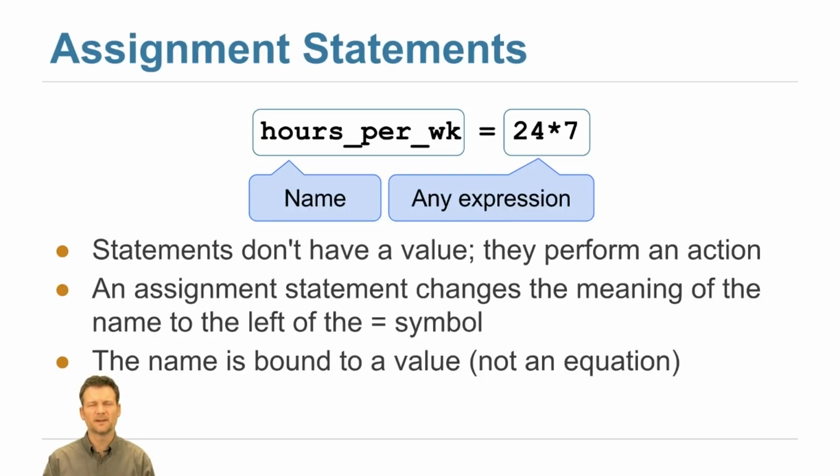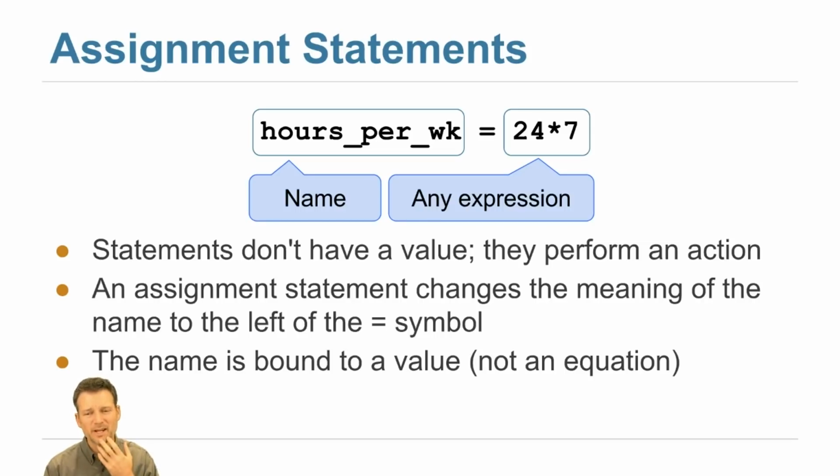One thing that a lot of people find a little bit confusing about this is that it might look like an equation. If you've taken some math, it might look like an equation, but don't think of it as an equation. It's not an equation. It's taking an action. After this action, the name hours per week is now bound to a particular number.